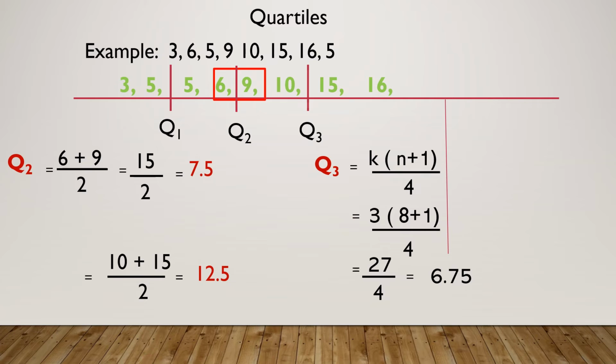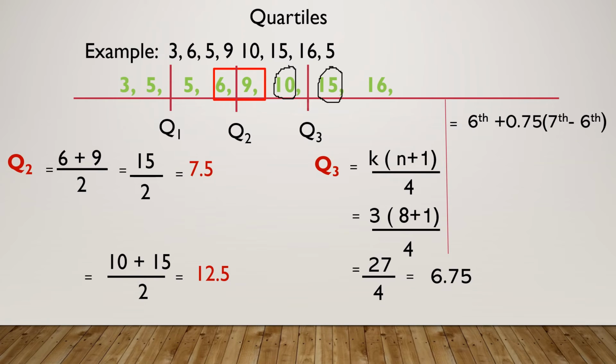So what you are going to do, to get the exact value here, is 6 means the sixth term, plus you are going to get the difference of this sixth place and the seventh place. Okay, so multiply that with 0.75. 7 minus the 6. So let's substitute.